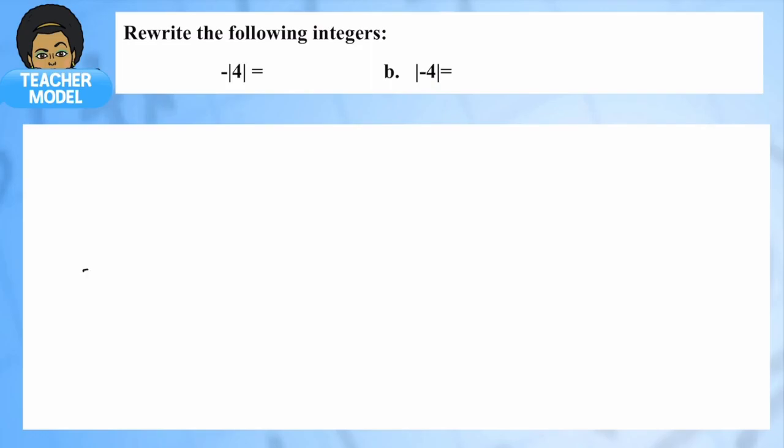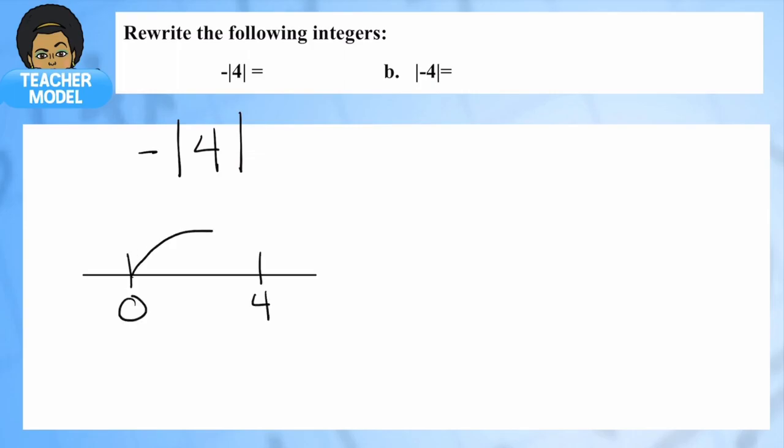All right, so in the first one, I'm looking at the inside first, and that's telling me what is the distance of 4 from 0. So here's 0, here's 4. How far away is it? It's 4 units. So if I just simplified it, the number inside would just be equal to 4.